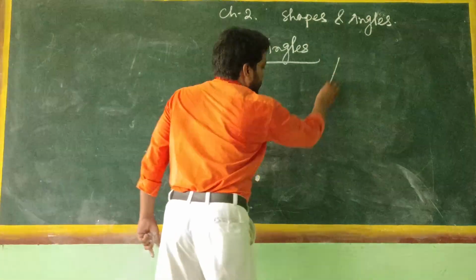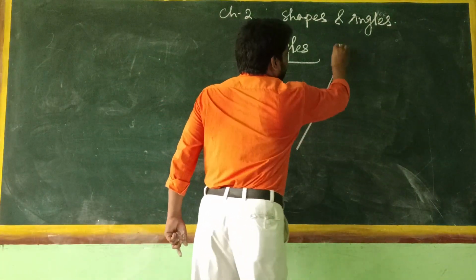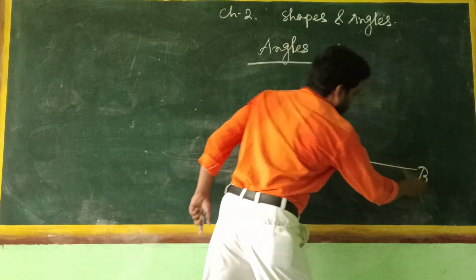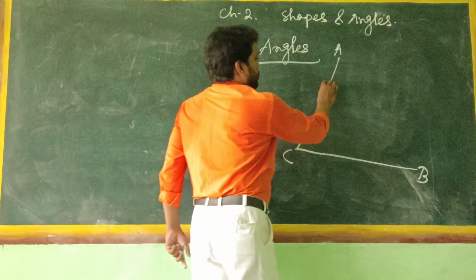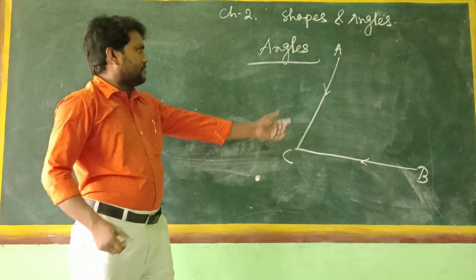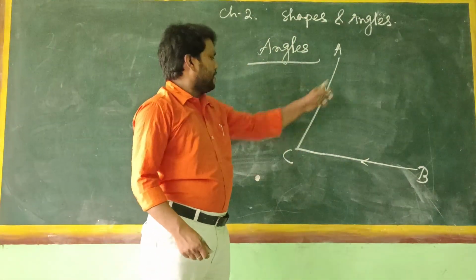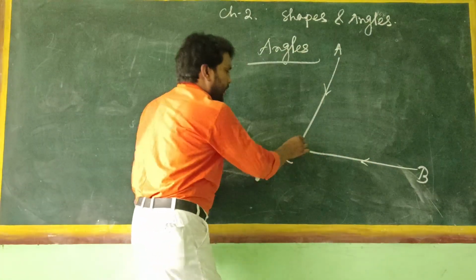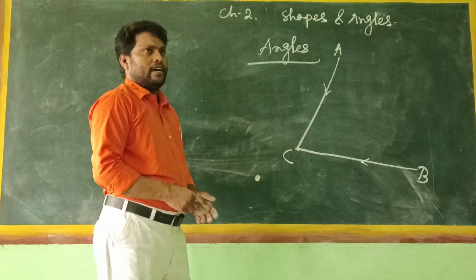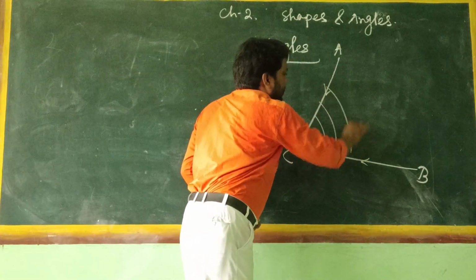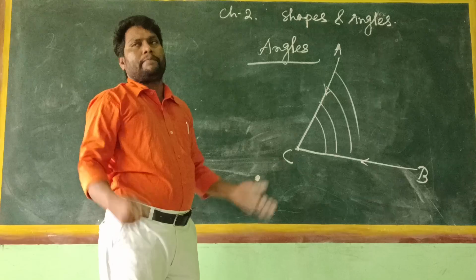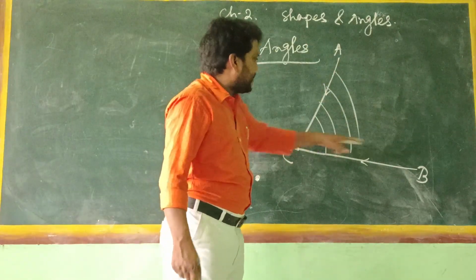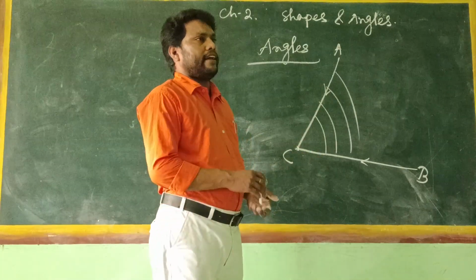Suppose this is a line coming from A to C and this is another line coming from B to C. They intersect at point C. So point C is called the vertex. Then this opening part is called an angle. So what is the definition of an angle? The opening part of two intersecting lines is called an angle.